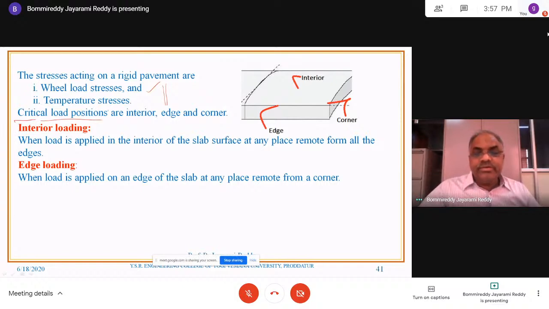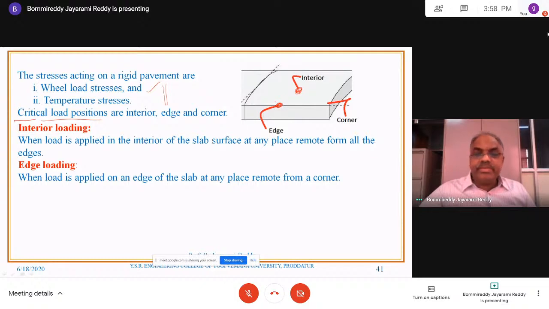positions. What are the critical load positions? The wheel load may be at the interior. If the load is at the interior, the stresses associated at that point are called the interior stresses. And sometimes while passing, the wheel load may be at the edge.